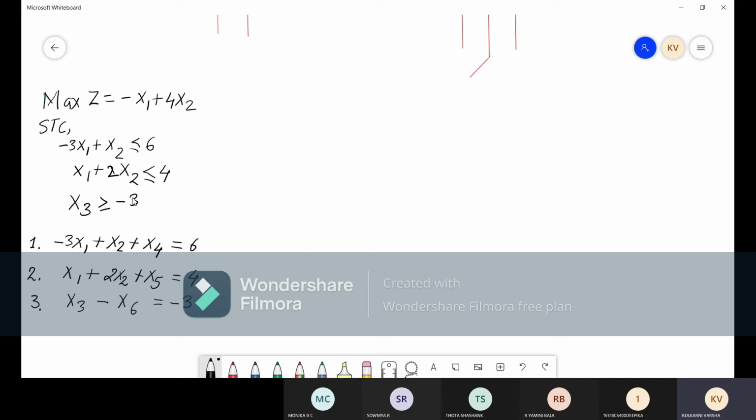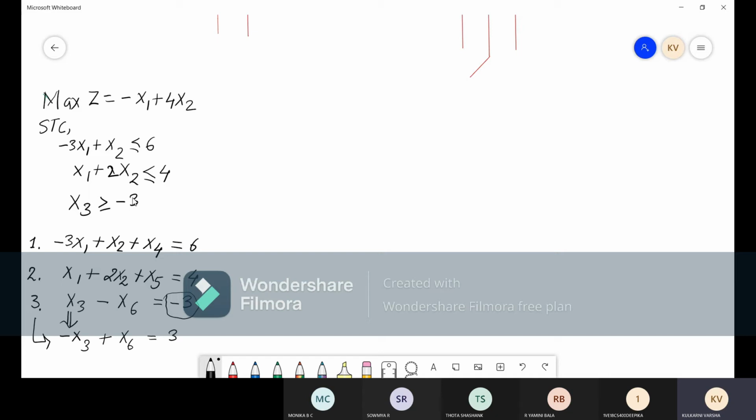But the right hand side is coming as a negative value, and there should not be a negative value on the right hand side. So we'll multiply both sides by minus 1. So this will become minus x3 plus x6 equal to 3. So this is our third equation.